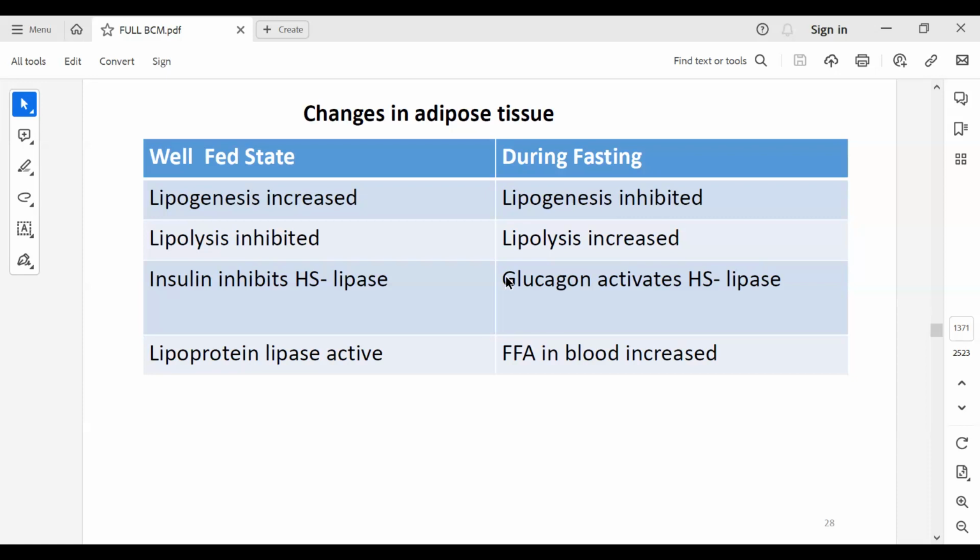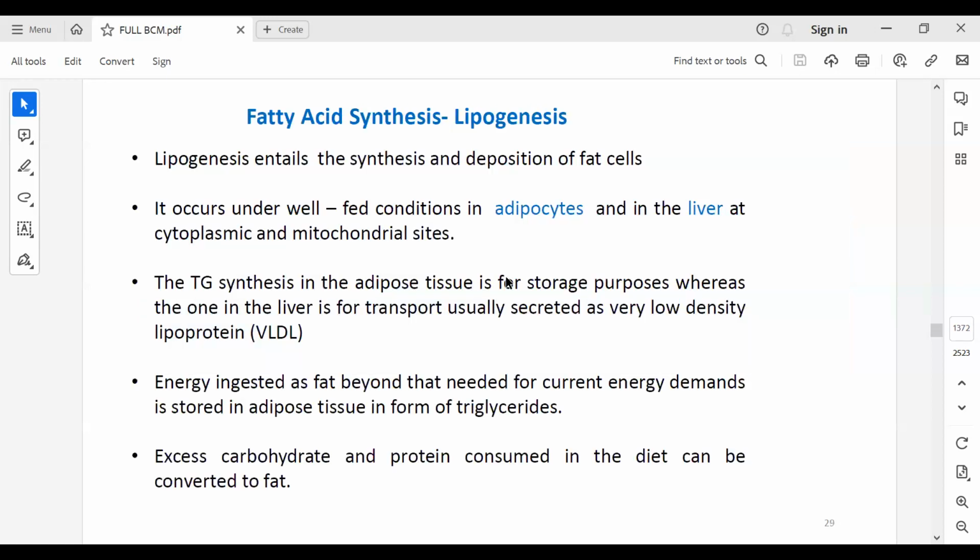But if you are not well fed and you want to release some of those fatty acids, then the hormone sensitive lipase, and mostly hormones are playing a very big role. Insulin will play a role in the well-fed state, and glucagon will play a role in the fasting state. Also, epinephrine will play a role in fight and flight, where the heart will need some energy. So again, that will activate your hormone sensitive lipase.